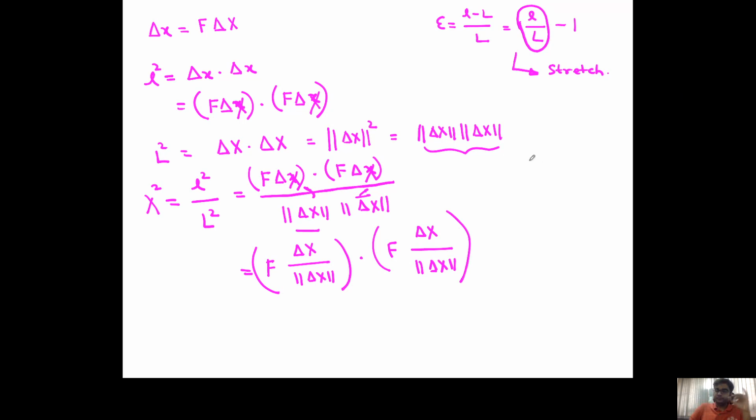Now let us do one thing. Let us go back to vector. Suppose I have a vector A, and that vector is represented by A1 i cap plus A2 j cap plus A3 k cap.